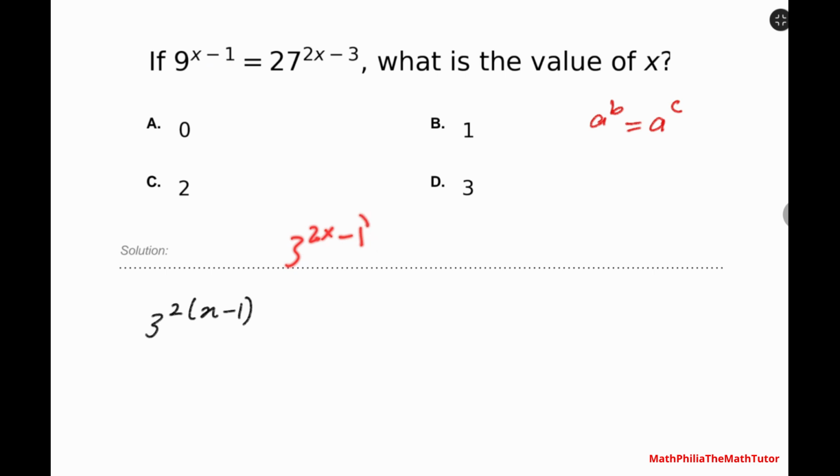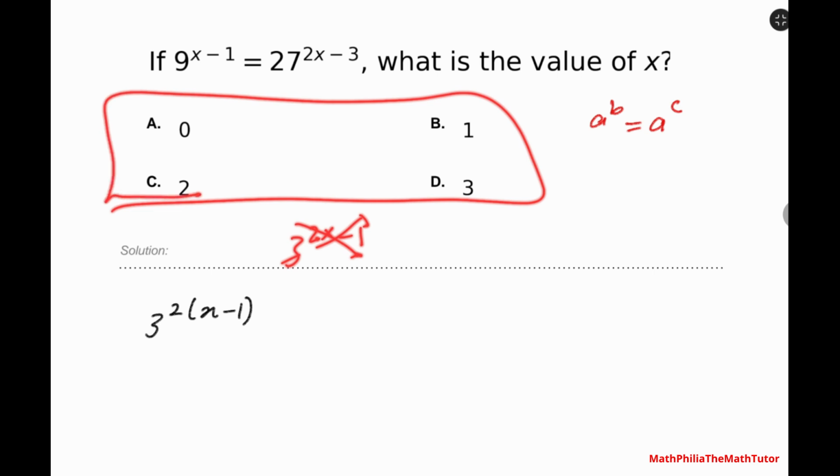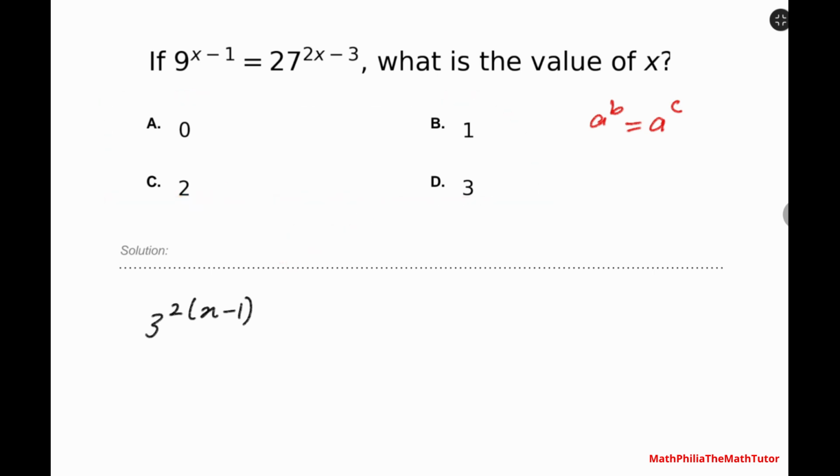You forget to multiply the 2 by the minus 1. You'll get the question wrong. And there is a high probability that when you do this type of operation, you are going to find something here in these options that matches, and then you just circle it, you get the question wrong. So make sure that if you have two terms here, you open a bracket, okay? That shows that the 2 is distributing over the bracket.